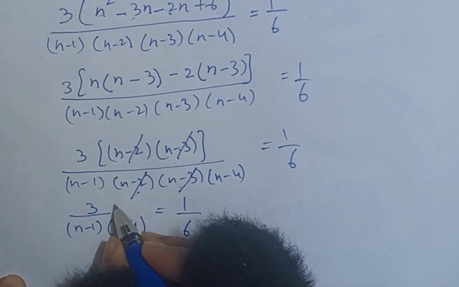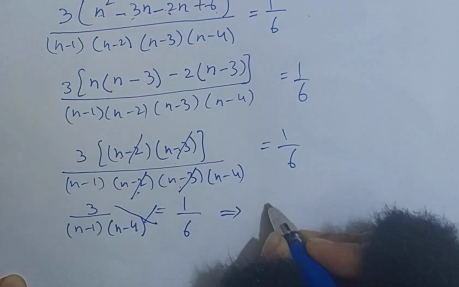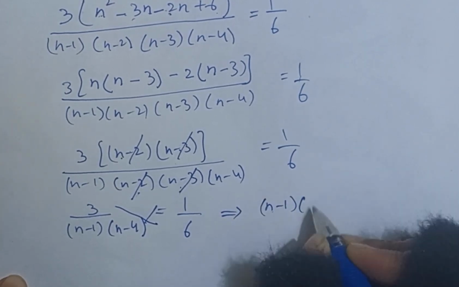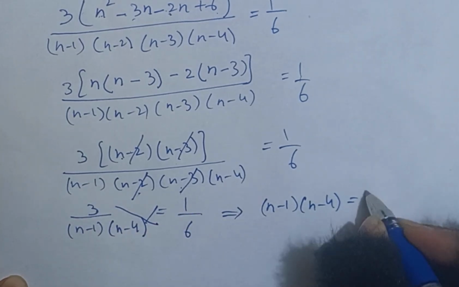And in the next step we cross multiply, so this will become (n minus 1)(n minus 4) equal to 3 times 6, which is 18.